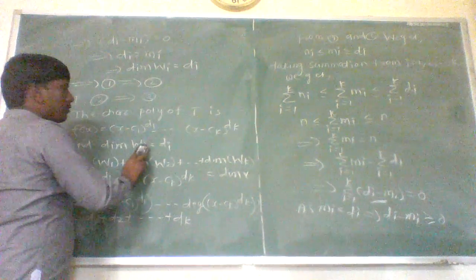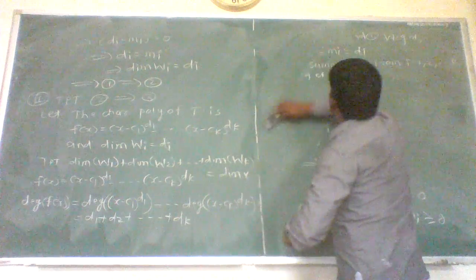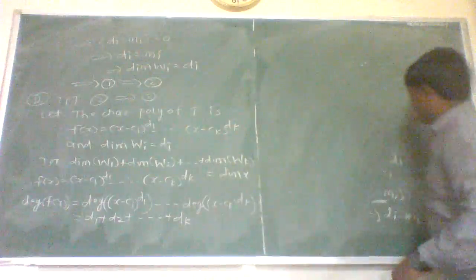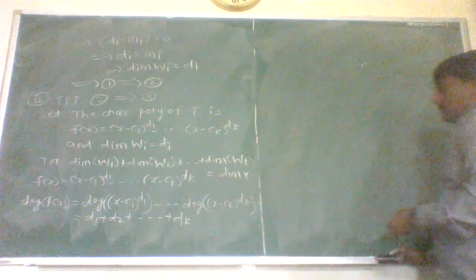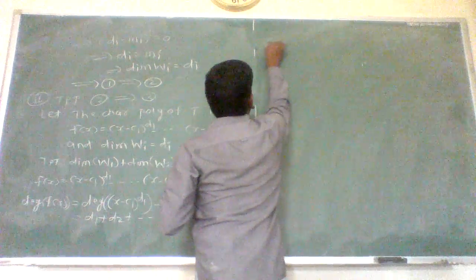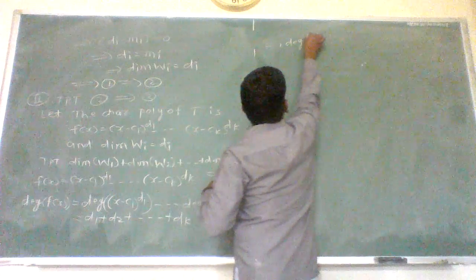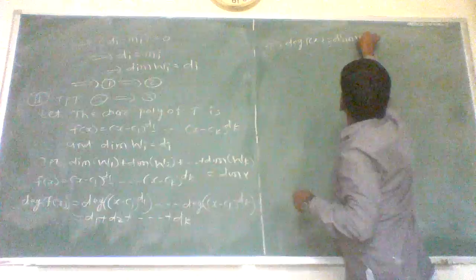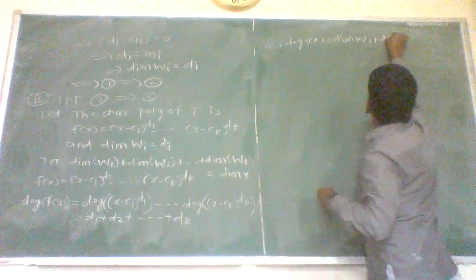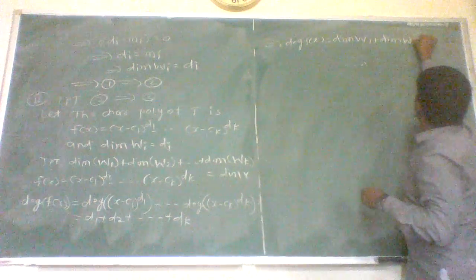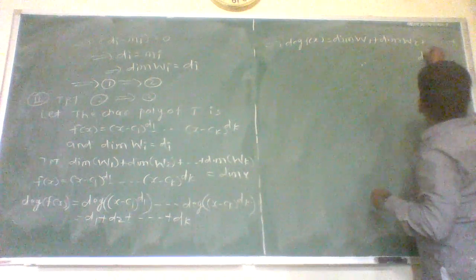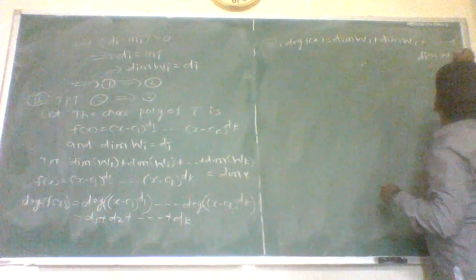Dimension of Wi will be equal to di. Then d1 is nothing but dimension of W1, d2 is nothing but dimension of W2, and so on, up to dk, which is nothing but dimension of Wk. Which implies degree of f(x) is equal to dimension of W1 plus dimension of W2 plus up to so on plus dimension of Wk.